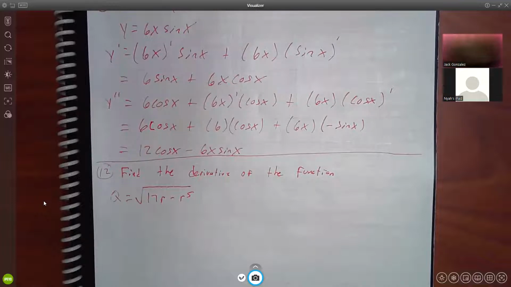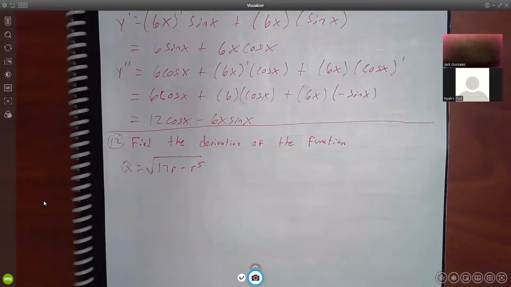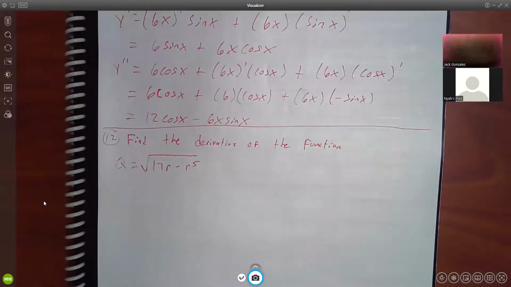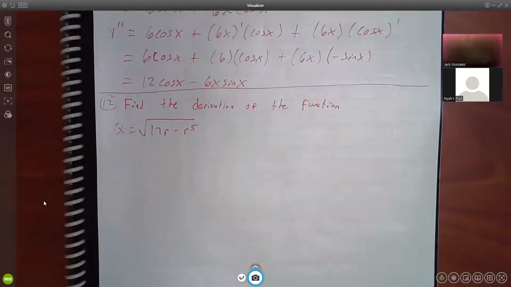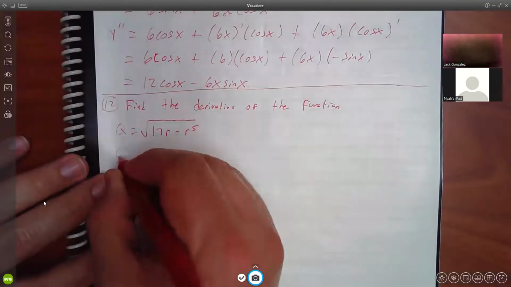Then I just put a bar on top, just C bar. I guess I should stick with Greek letters. Anyway, that's traditional. Angles should be represented by Greek letters.